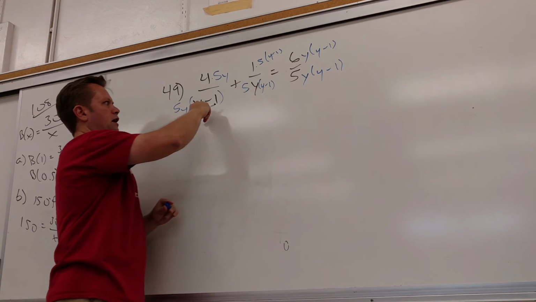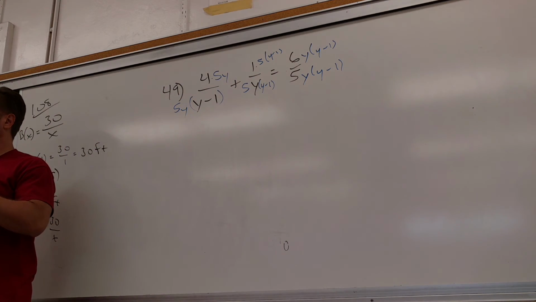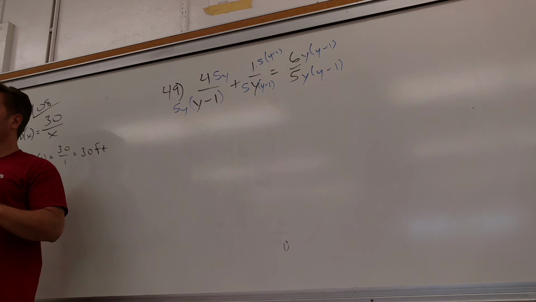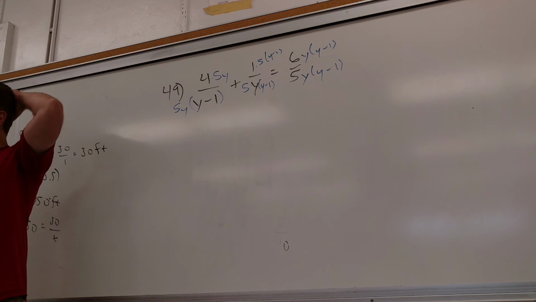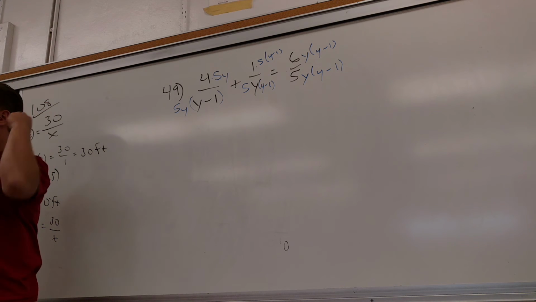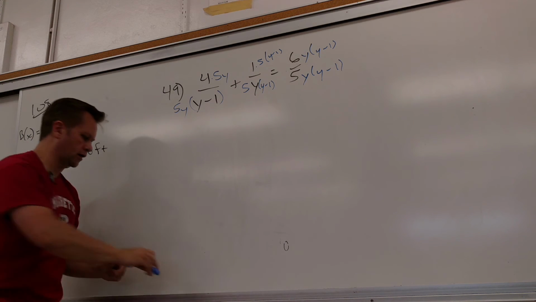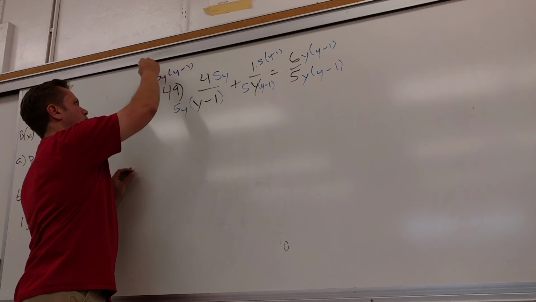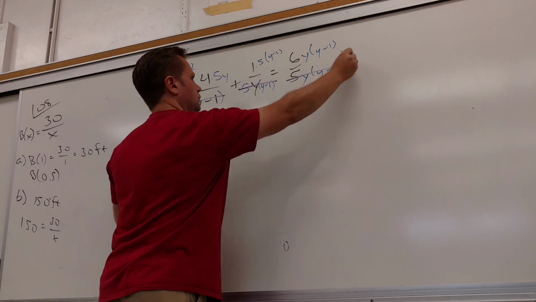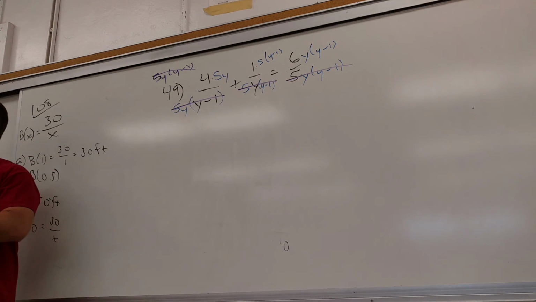So now they all have the same bottom. So if you are understanding why this happens, what am I allowed to do here? Both sides, because I have an equation with two sides. So I could multiply both sides by 5y, y minus 1, and so it will cancel.